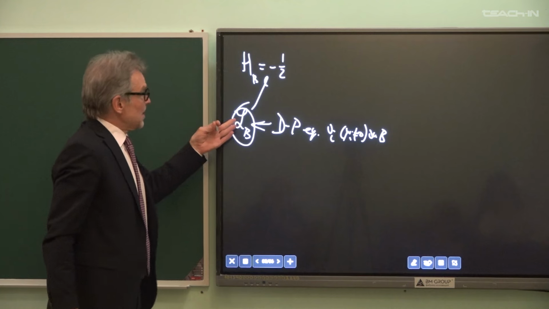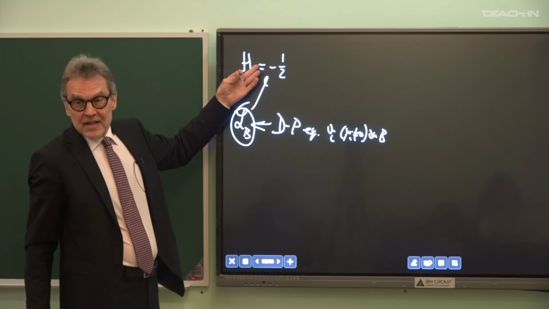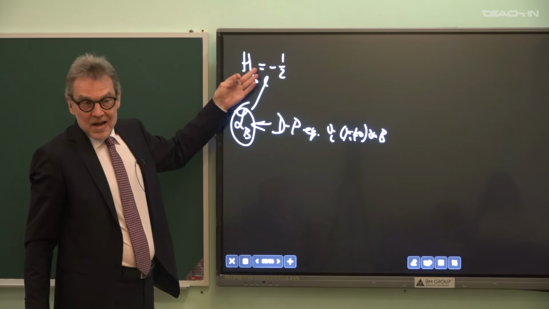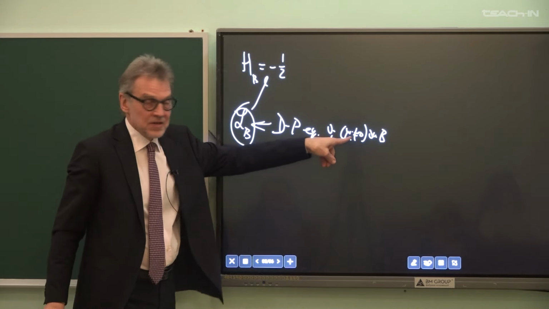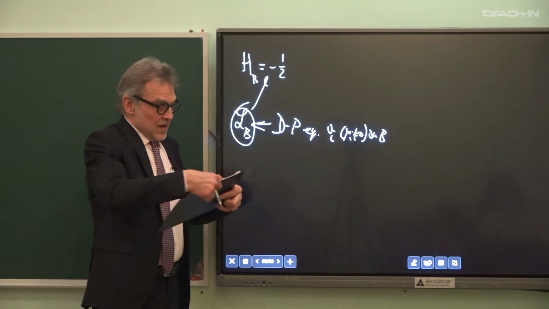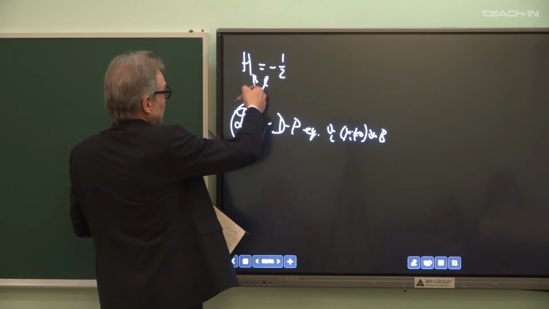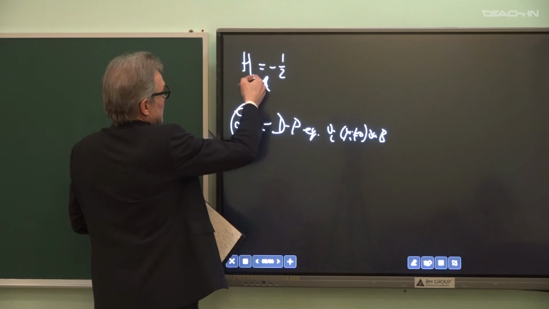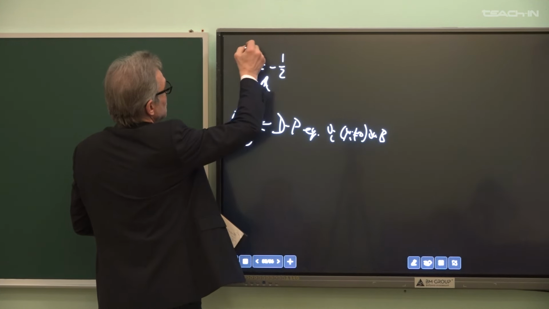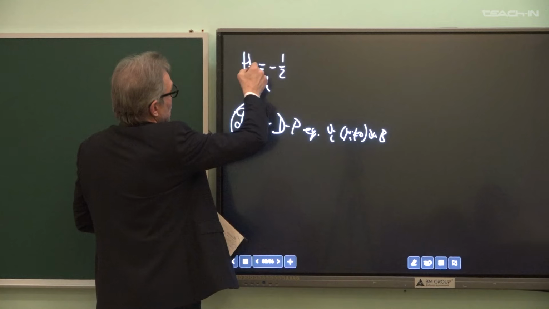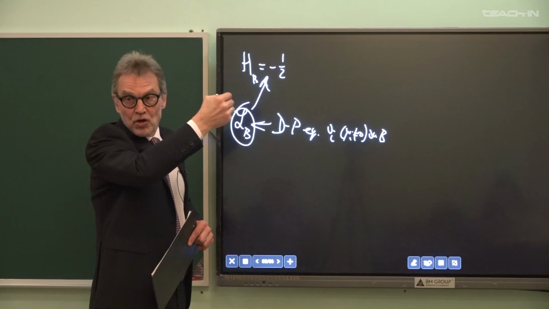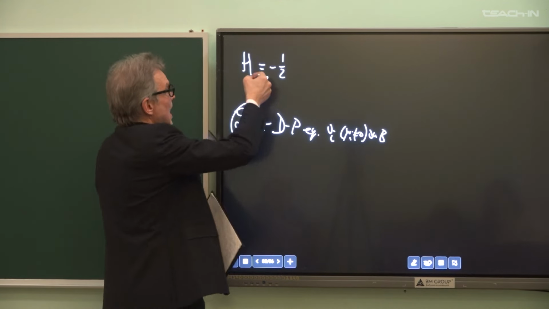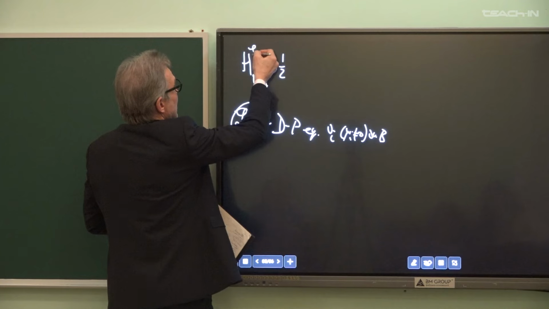And knowing the Lagrangian, we can understand what will be the structure of the effective Hamiltonian of neutrino evolution, accounting for this particular interaction. So if you know Lagrangian, you can write the corresponding Hamiltonian. And I will just put this letter like this.